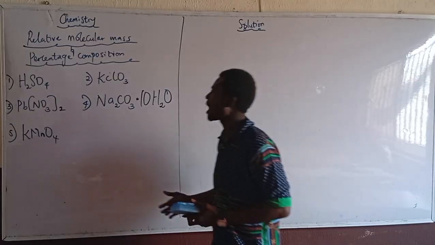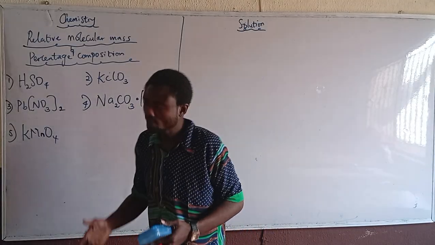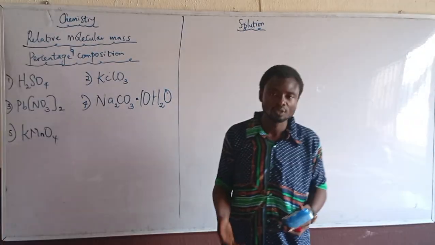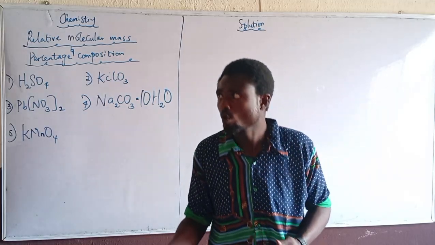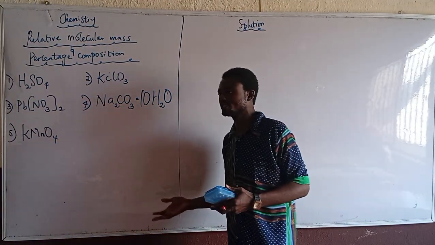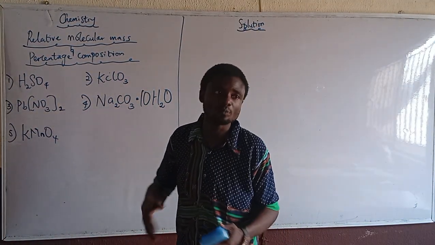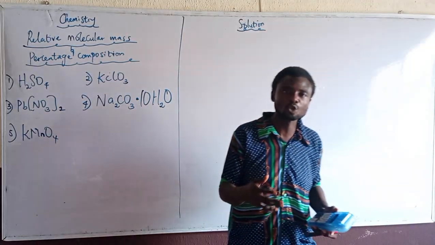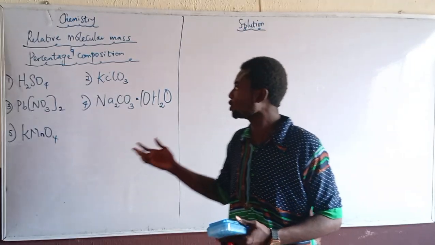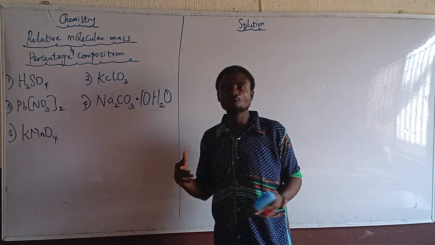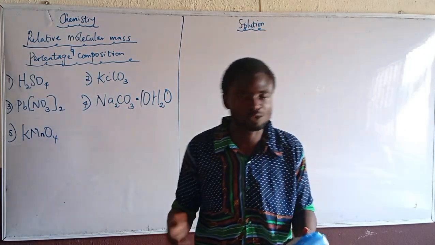For example, hydrogen is 1, carbon is 12, nitrogen is 14, oxygen is 16, calcium is 40, potassium is 39, sodium is 23, chlorine is 35.5, and so on.